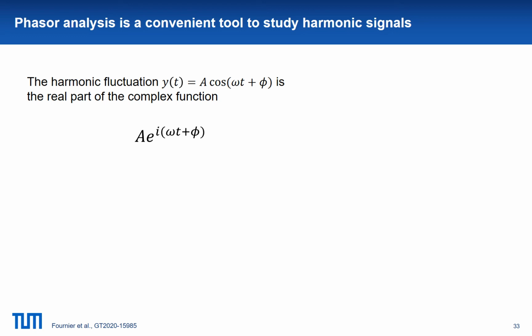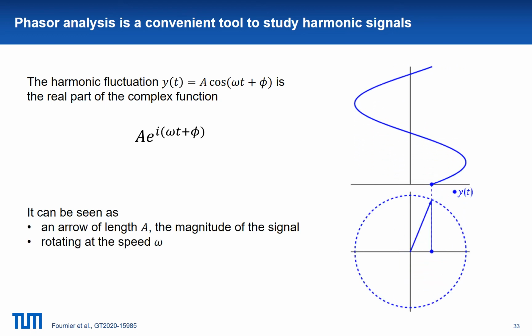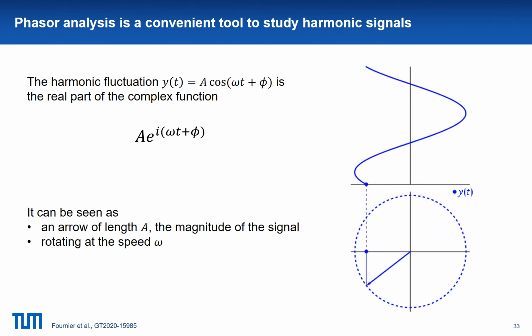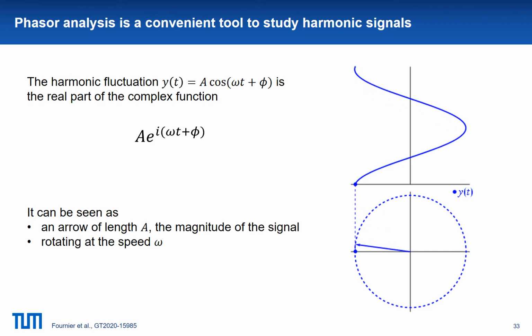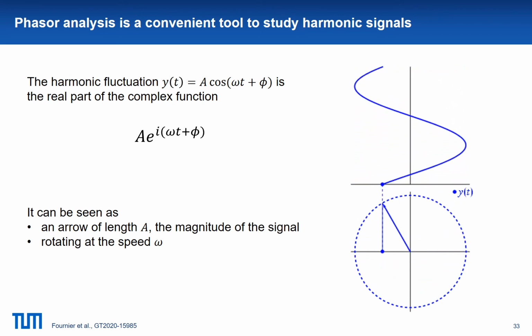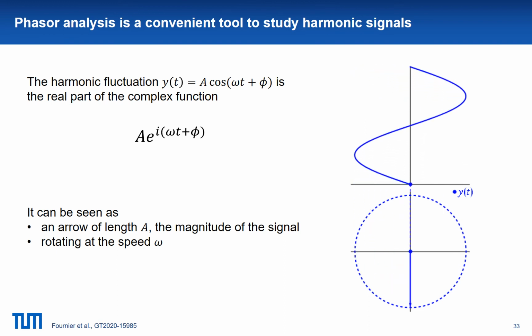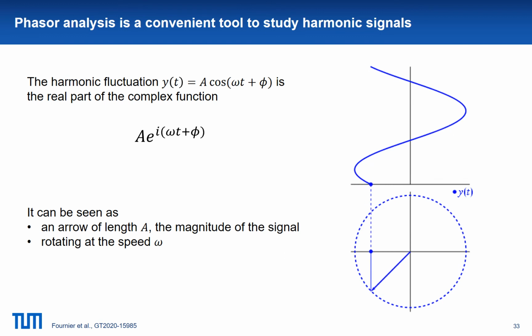In the complex plane, that corresponds to a rotating vector of length A, the magnitude of the signal, rotating at the speed omega with respect to time. However, a constantly rotating vector is not very helpful for an analysis at an arbitrary time instance.